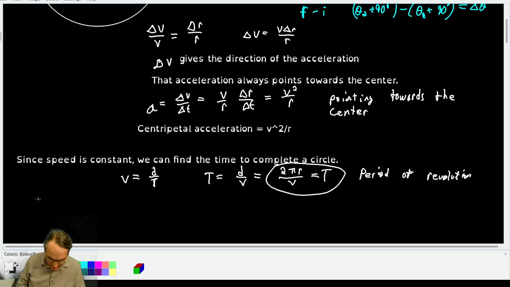There's another thing I want to define while we're at it. That is the angular speed. Angular speed is omega, and it is found by taking the number of radians to go a full circle and dividing by the period.